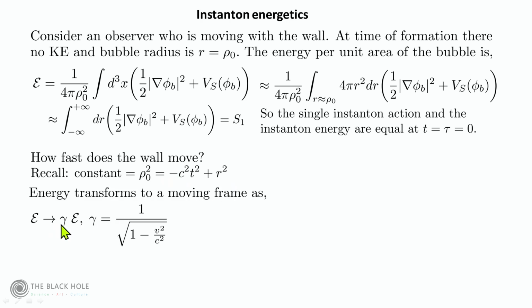Okay, so we have this bubble that is expanding into space. We know from special relativity that energy transforms as the time component of a 4-vector. So we have to multiply by gamma, where gamma is related to the speed at which the bubble is actually expanding. You can see it's moving fast because look, this over here is constant.